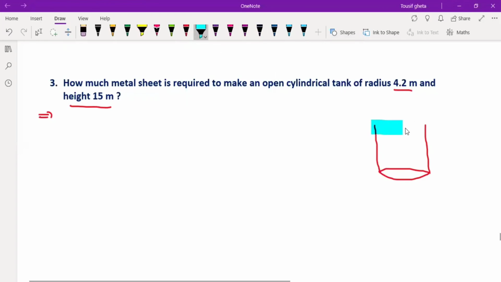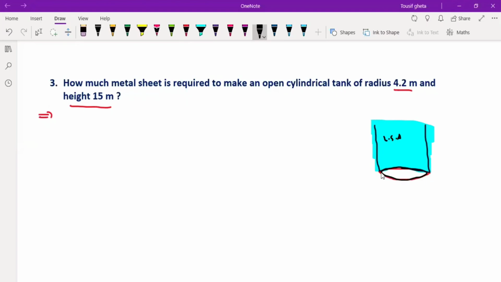So this center portion, which I am shading with the blue ink, okay, what do we call it? Curved surface area, or you can also call it the lateral surface area of the cylinder. This formula we are very well aware of. Okay. But we don't know the area of the bottom, that is the base of the cylinder.